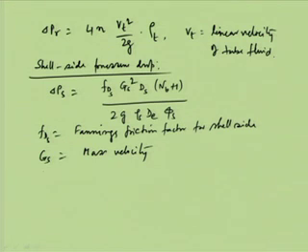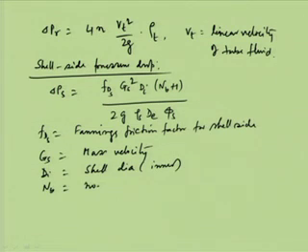then Ds is shell diameter. Here I will write Di, actually the notation we are following, so let us follow this as Di, shell inner diameter. Then Nb is the number of baffles.